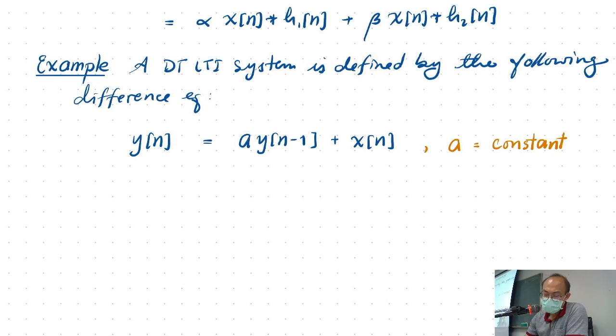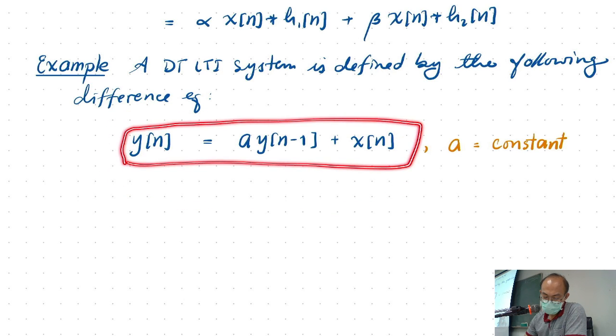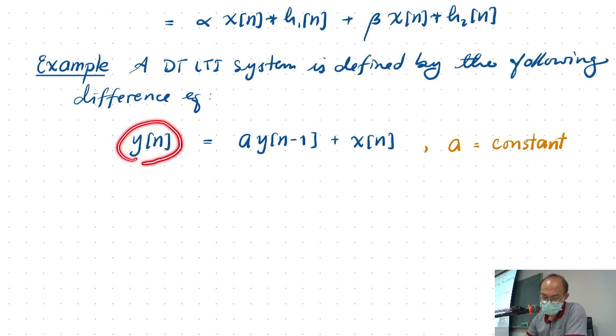Now I'd like to find the impulse response of this system. This equation tells us the relation between the output and the input. Basically it says that the present value of the output can be determined from the previous value of the output multiplied by a, plus the present value of the input. That's how you determine the present value of the output from this system.